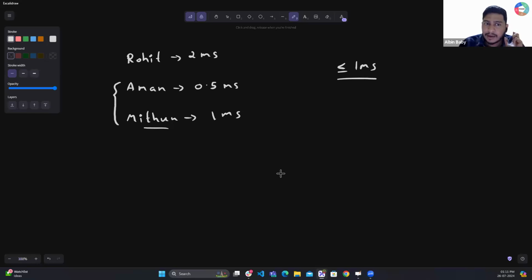Exactly, Aman and Mithun's code will be accepted. Rohit's code is fine, it's working, but it takes more time to run, so you'll have to optimize the code a little bit more. So that's the idea of constraints.